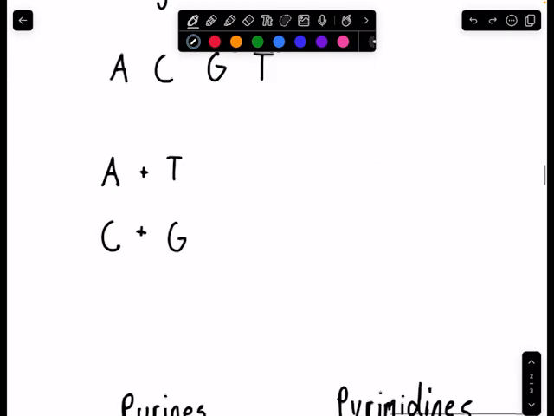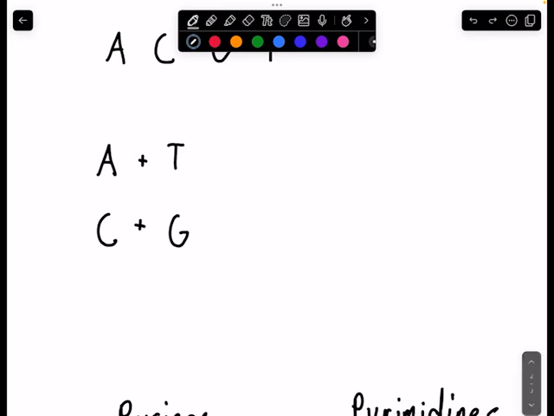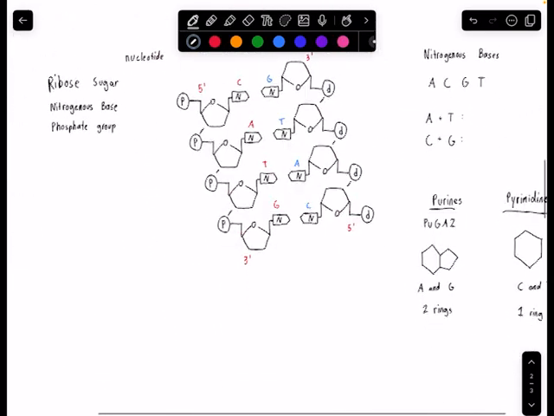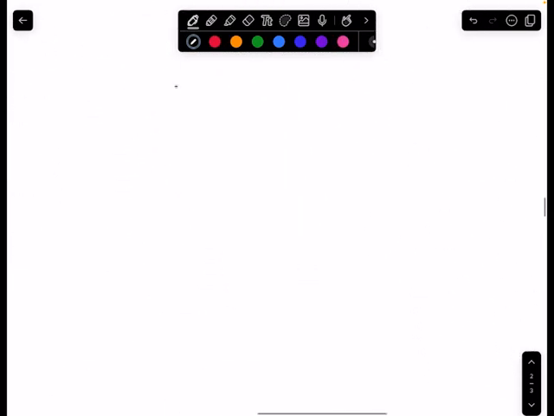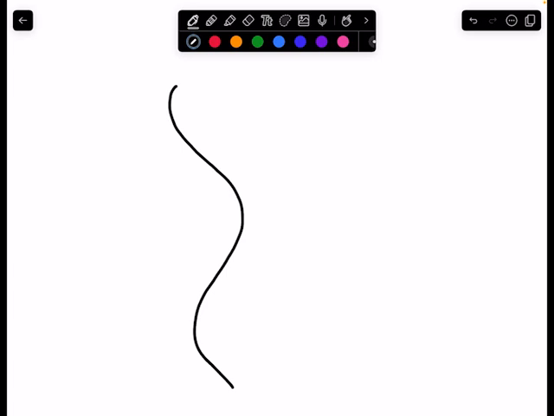And one final thing is hydrogen bonding. This is pretty niche, but it's still helpful to know. These two sets of nitrogenous bases actually make a different number of hydrogen bonds. So the way you have DNA, you have a structure. It's a double helix, and it kind of looks like this. And then you have these ladders. If you've seen any sci-fi movie ever, they love showing you this.